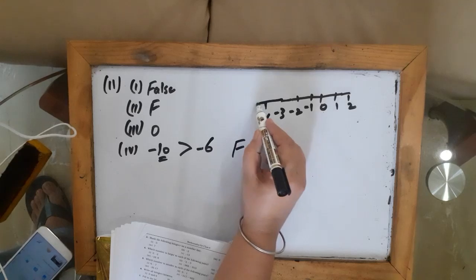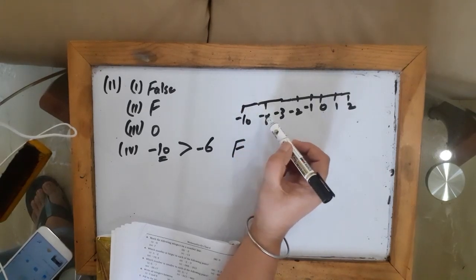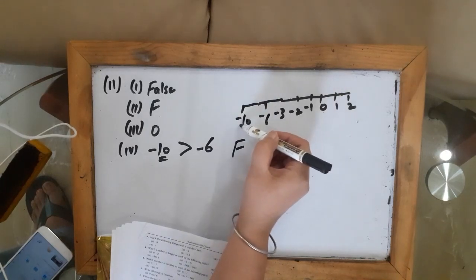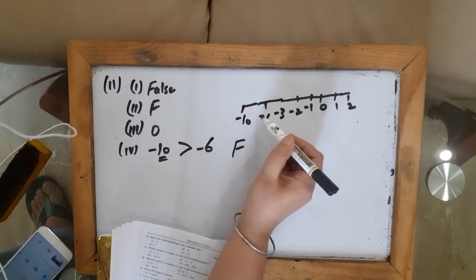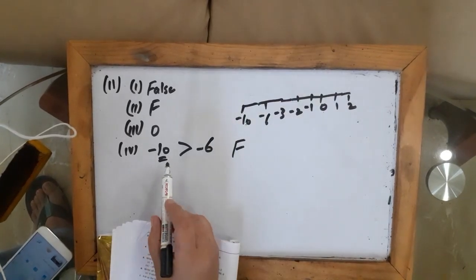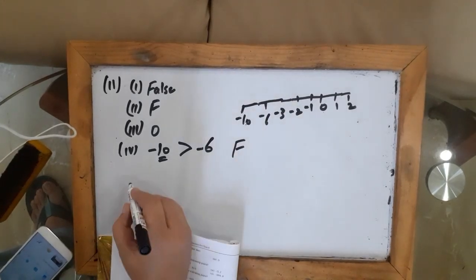So first minus 6 will come, then minus 10 will come. So this minus 10 lies to the left of minus 6, and the numbers which are left to the given numbers, they are smaller. So minus 10 is smaller than minus 6 and not greater than minus 6. So this statement also is false.